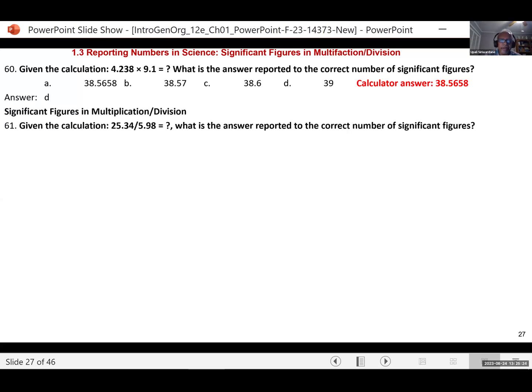So multiplication and division follow significant figures, not the decimal places, lowest decimal place. So this is a similar question. This number needs to be rounded off to 3 significant digits. How do you get 3 significant figures from 4.2375?